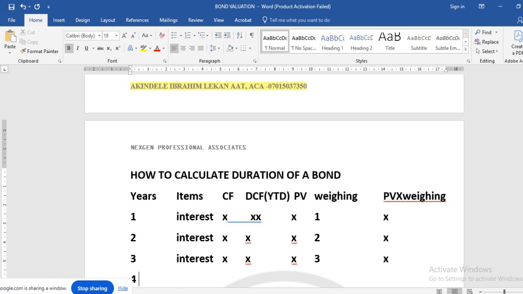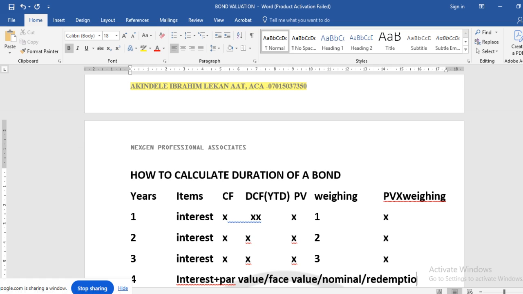So year 4, interest plus par value, face value, or nominal value. Which other name?